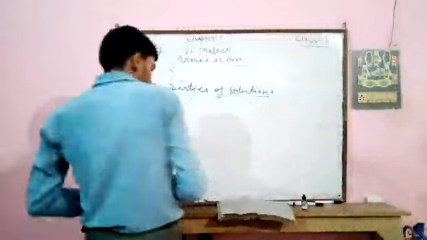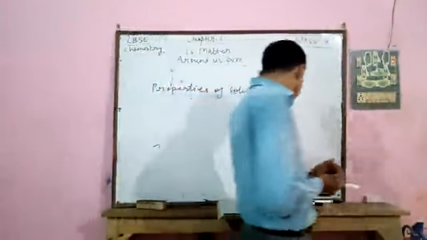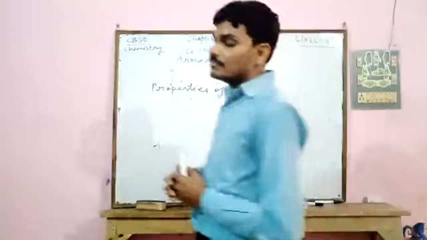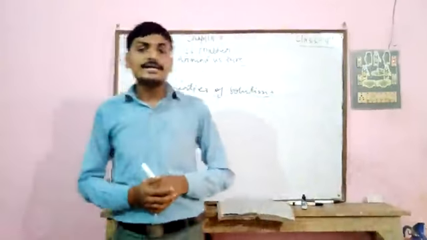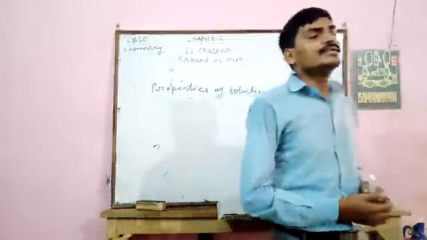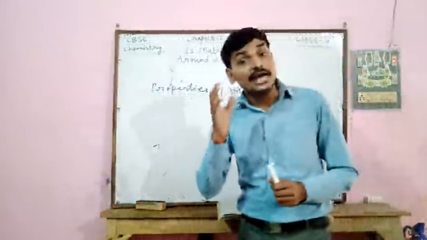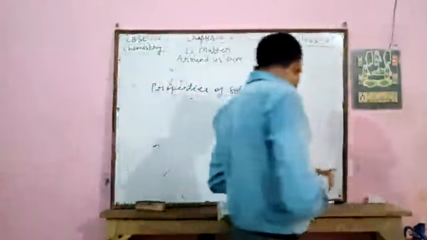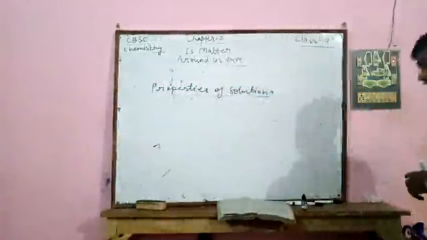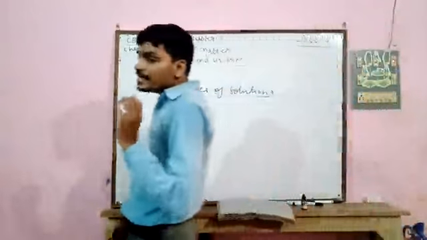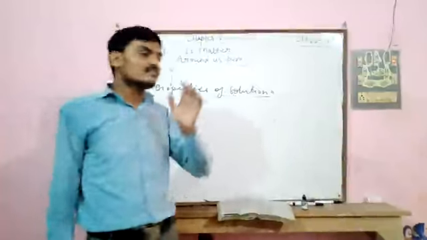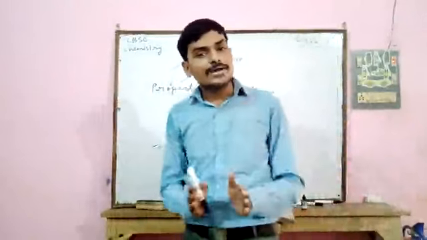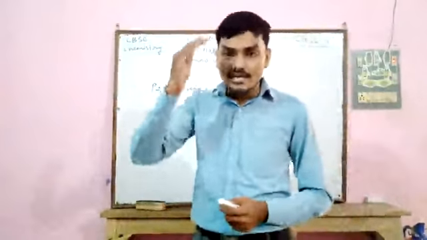Second property, the size of solute particles in a solution is very small, that is, around 1 nanometer. Third property, the particles of a solution cannot be seen even with a microscope. That is, they are very small.